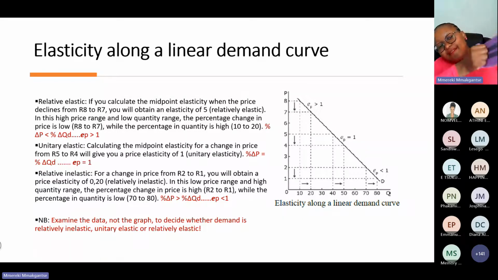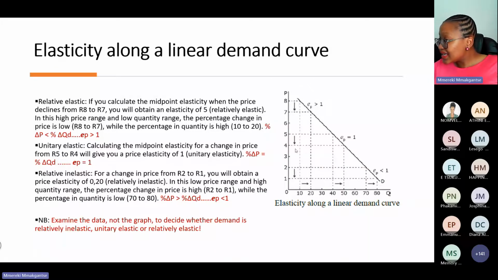Relatively inelastic: remember this purple thingamabob, this rubber, it's inelastic. It means that the percentage change in price is greater than the percentage change in quantity demanded.